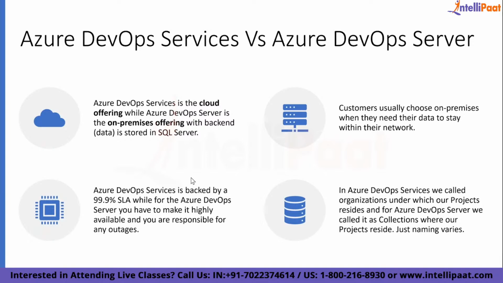Usually banks and government organizations use this server. If an outage happens on-premises, then Microsoft will not help you. No one can help you. It's your data center which goes down. But if an outage happens in the Azure DevOps cloud, then Microsoft will be responsible, right?